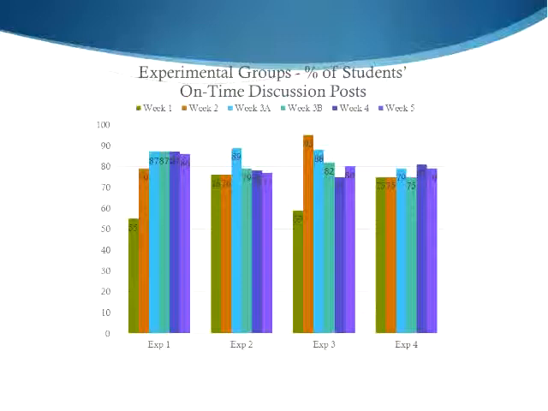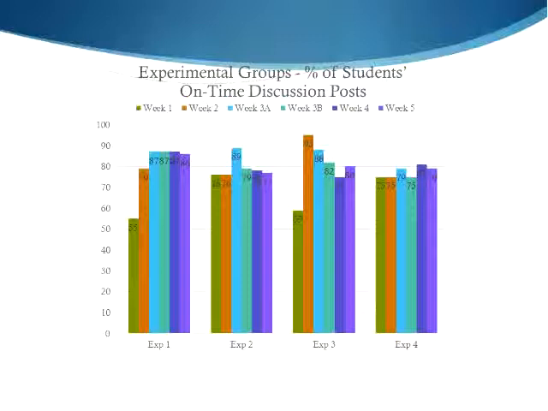So for class 1 with the experimental group, there was an increase from 55% to 86% for on-time discussion postings, or over 30%. And there was a slight increase in experimental class 2 with 76% in week 1 and 77% by week 5, or a 1% increase.